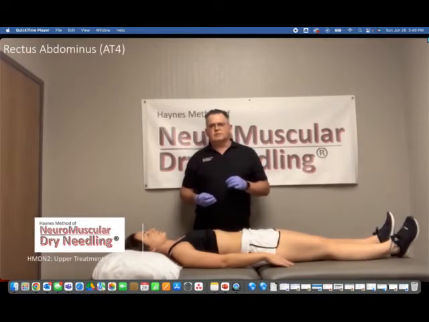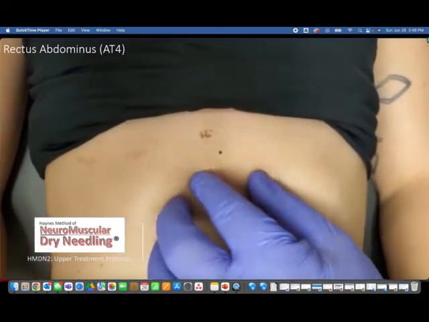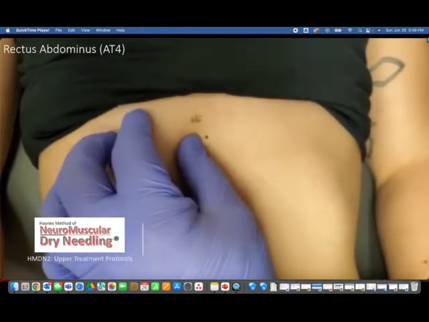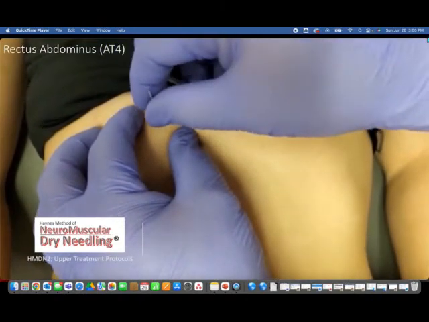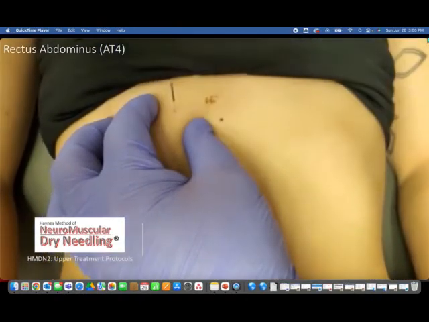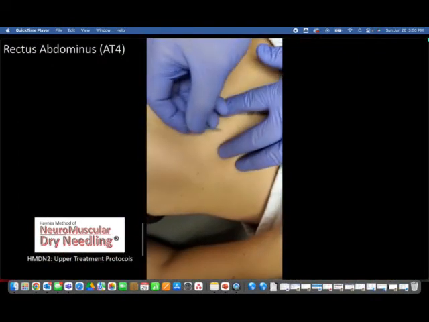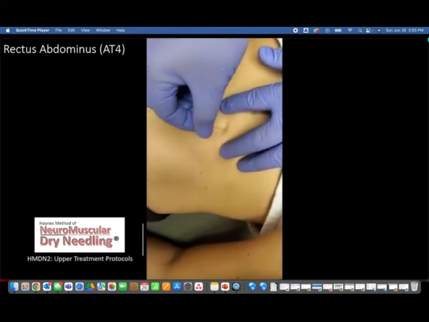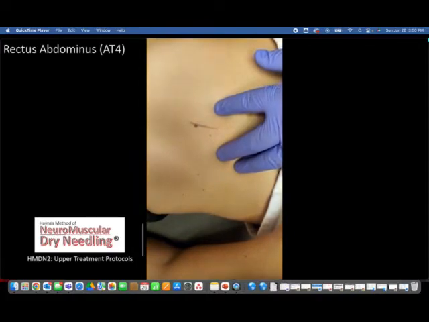We do not want to pass through the rectus and enter the abdominal cavity. And there you can see a nice oblique angle entering into that lower region.